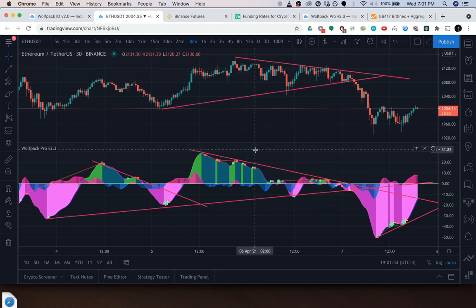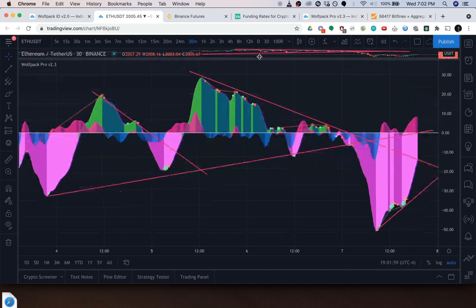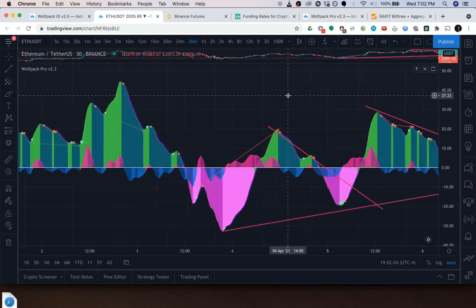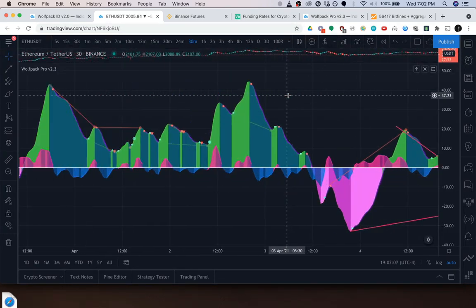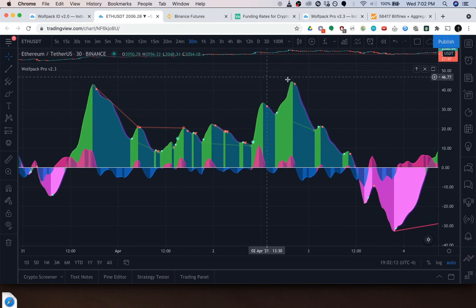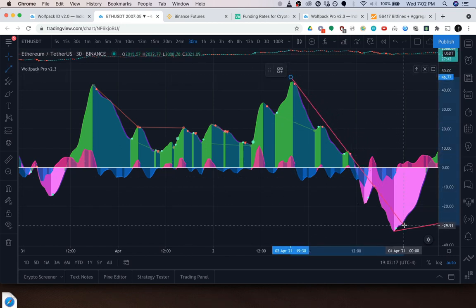So you guys, I strongly recommend that you block out price and you master this indicator by scrolling back, going to a random time frame, and just practicing. Draw your resistance lines. You want to draw these in.